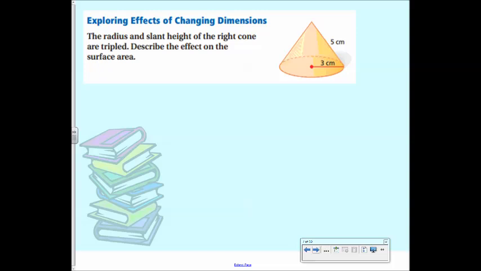And it's a cone, so surface area is pi r L plus pi r squared. So in our original, what's our r? 3. And what's our L? Okay. All right, what about in the new one? The radius would be 9 and the slant height would be 15.